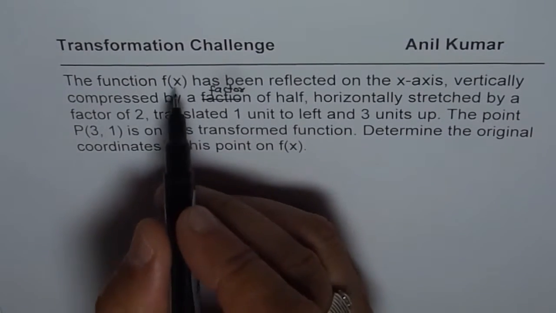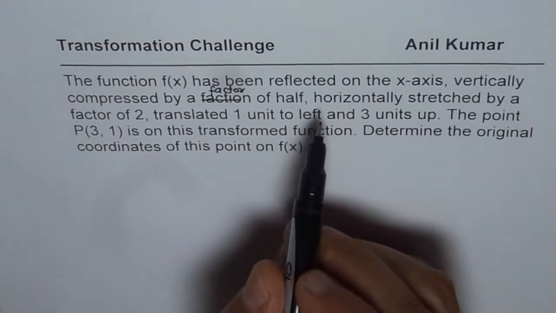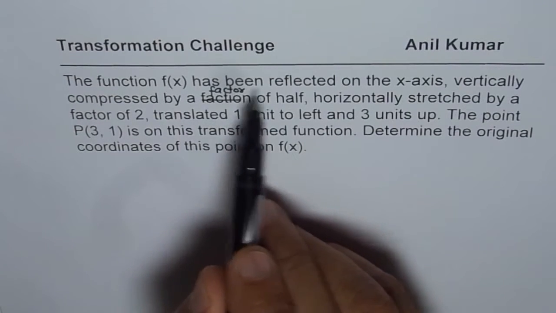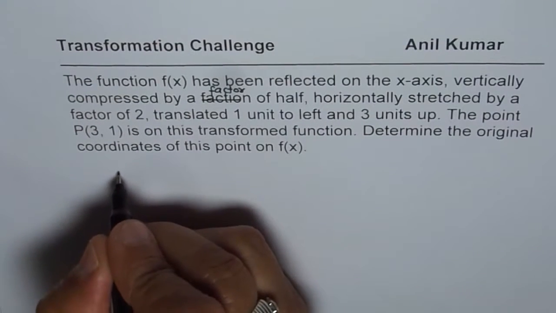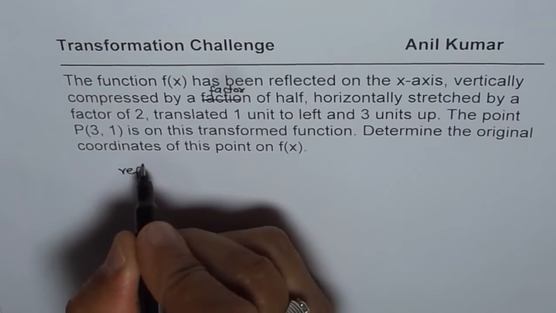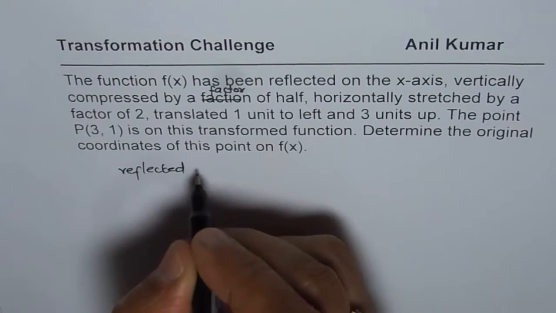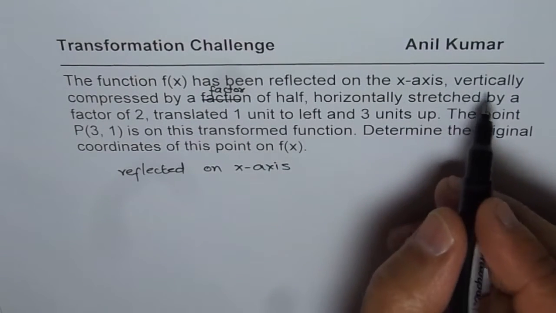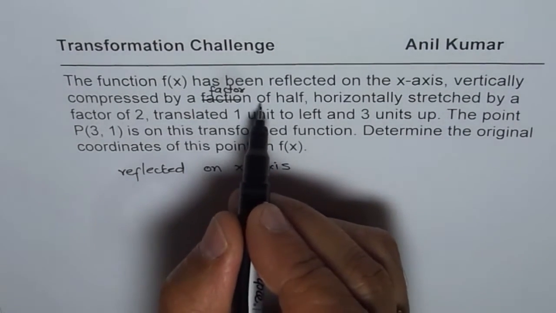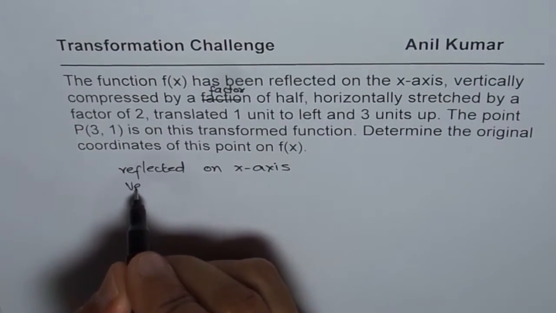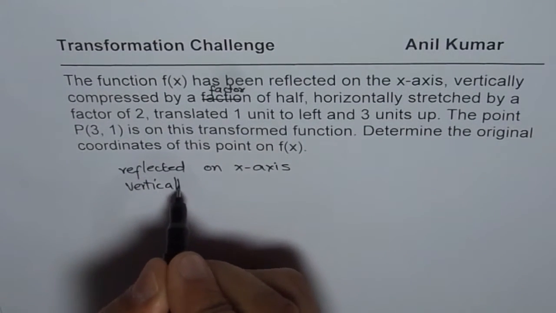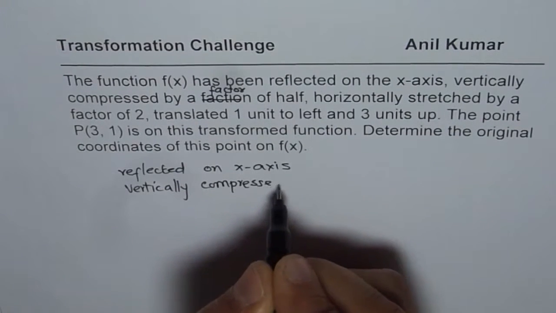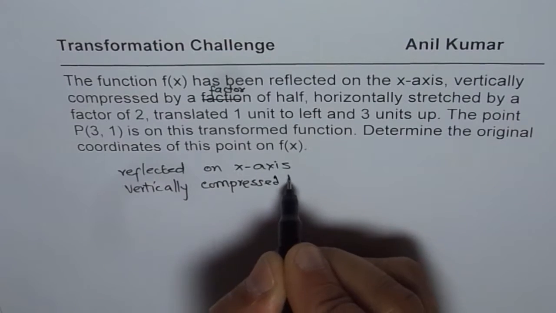So let's begin with this transformed function f of x and understand what the transformations are. It says the function f of x has been reflected on the x-axis. And then vertically compressed by half.